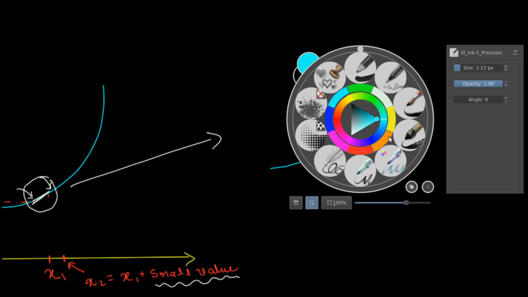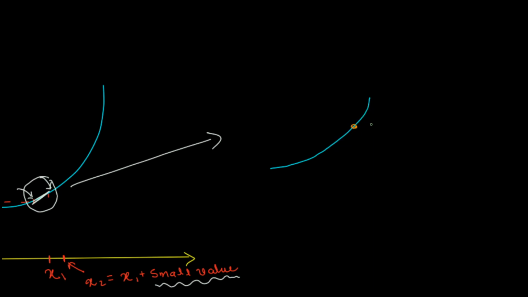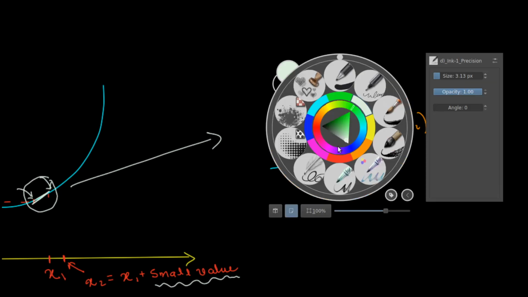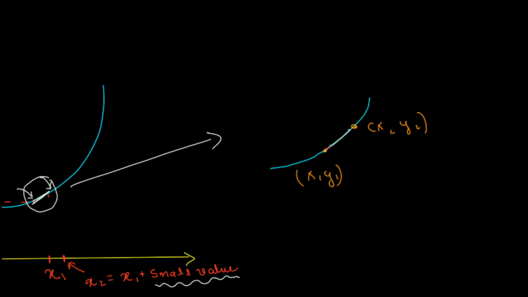This point right here is your x2, y2, and this point right here is x1, y1. Even after zooming, the points are so close that the line you choose to draw to connect these 2 points will actually lie on the curve.